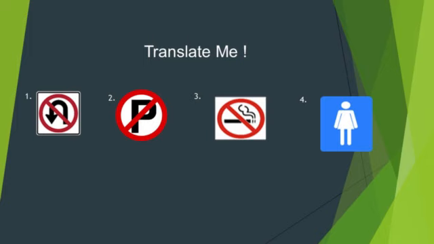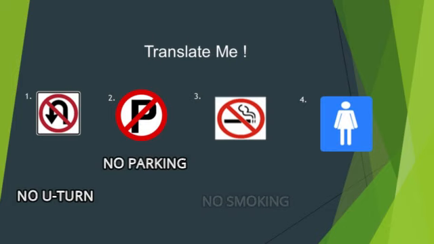I would like you to give and write on your notebook the meaning of the following signs or symbols. Okay, let us check your answers. Number 1, the answer is no U-turn. Number 2, no parking. Number 3, no smoking.